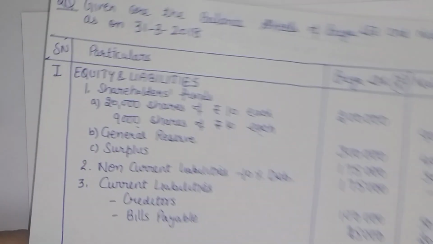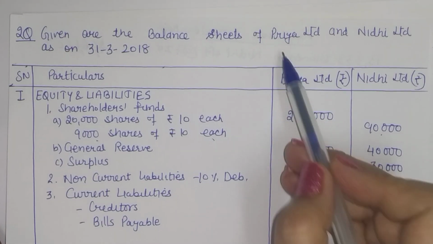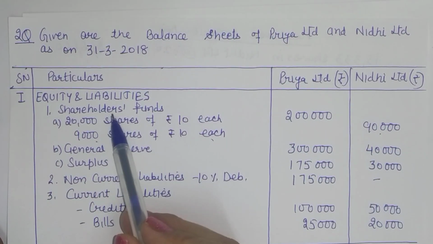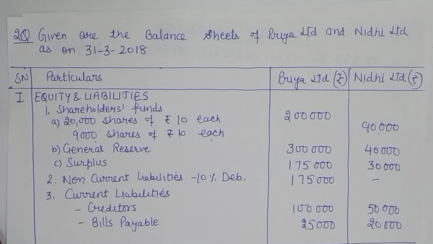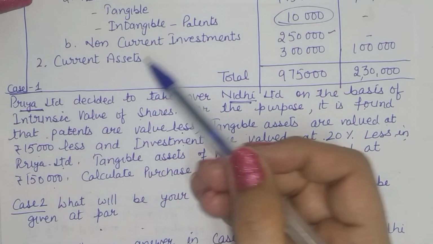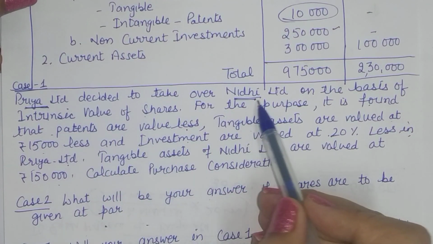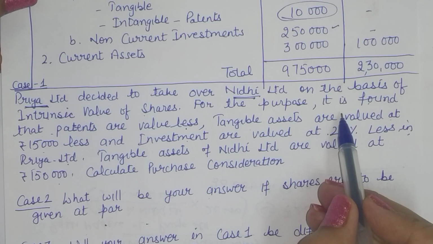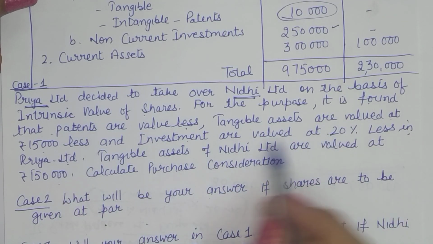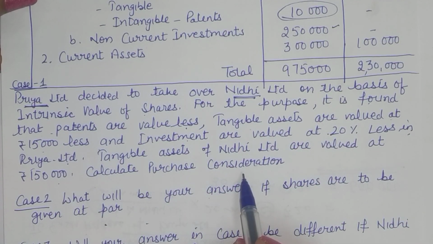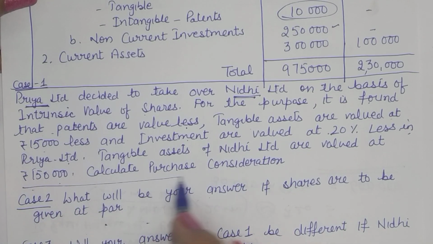Take up this problem. We are given the balance sheet of Priya and Nidhi Limited. Their capitals, reserves, liabilities and assets are given. Priya Limited is to take over Nidhi Limited on the basis of intrinsic value, and for that purpose assets are revalued and purchase consideration is calculated based on intrinsic value. This is case 1 that we are doing right now.